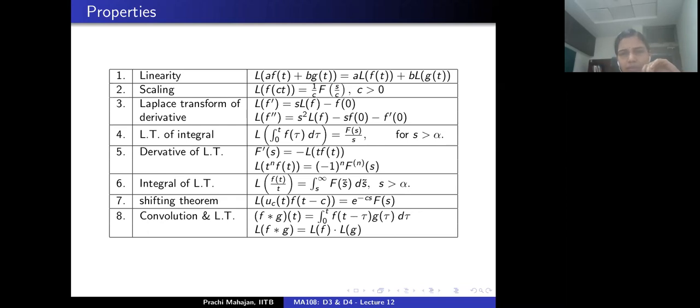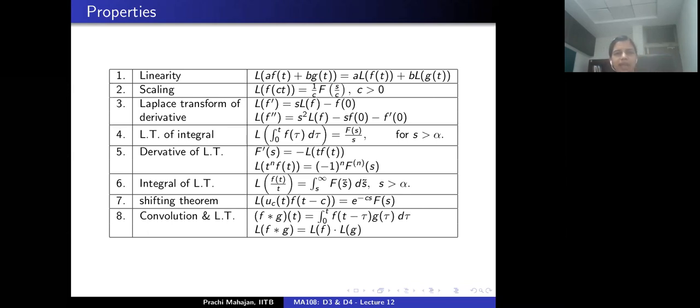One can bootstrap this argument to write down the nth derivative of the Laplace transform. Point number 6 is regarding integration of the Laplace transform, which corresponds to division of the original function by a factor t.